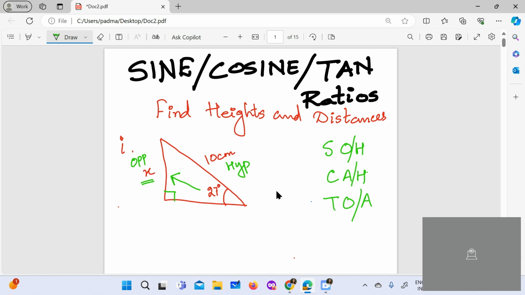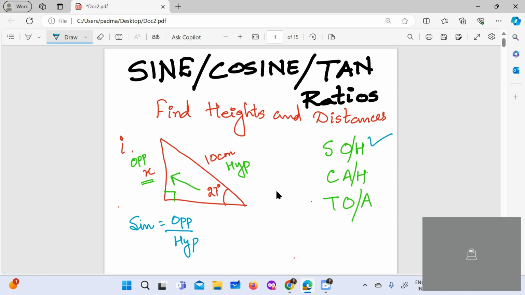So opposite and hypotenuse are related in sine. So we are going to use sine equals opposite upon hypotenuse, and this is what we will use to find this length x when one angle and one length is given.